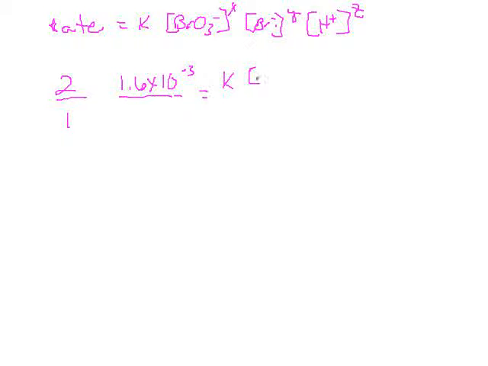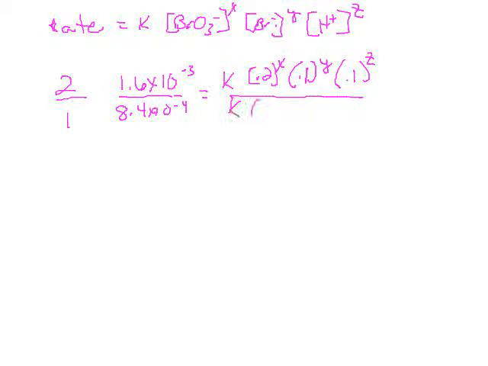BrO3 was 0.2, and that's to the X. Br minus was 0.1, that's to the Y. And the H plus was also 0.1. So we have 8.4 times 10 to the negative 4. Okay, that's 0.1 to the X, 0.1 to the Y, 0.1 to the Z.